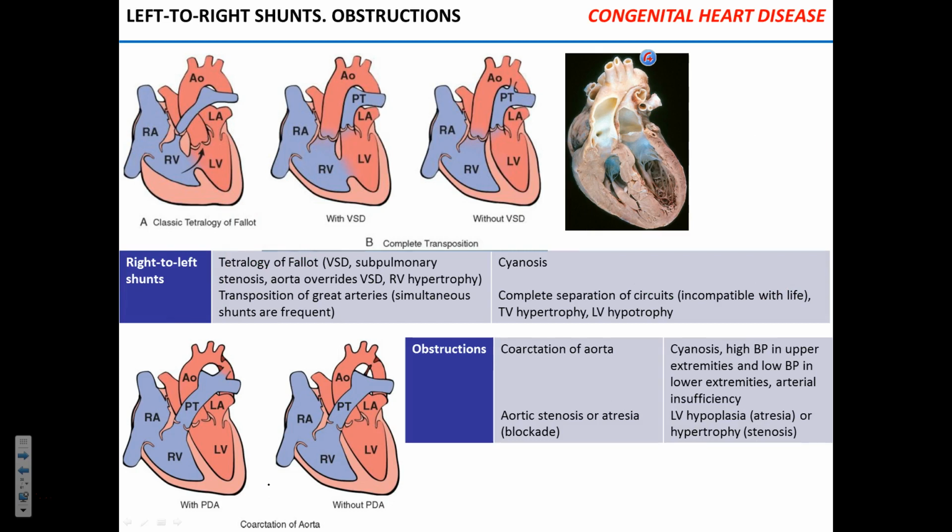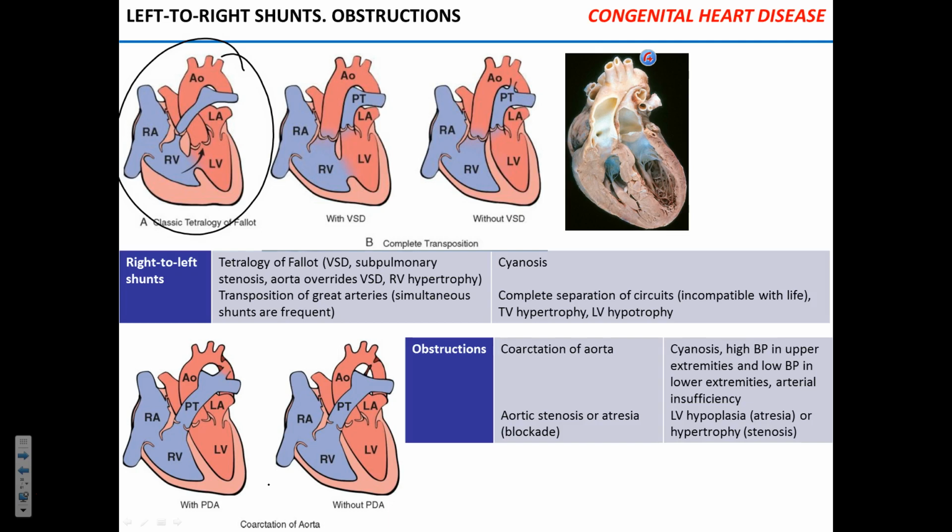Now, shunts, obstructions, different types of shunts. First of all, septal defects are very common. Moreover, healthy kids may have small septal defects. What do I mean by that? If you bring your child to a pediatrician, and your child is 1 year old, and the pediatrician listens to the heart, the pediatrician may say you have some unusual murmurs.